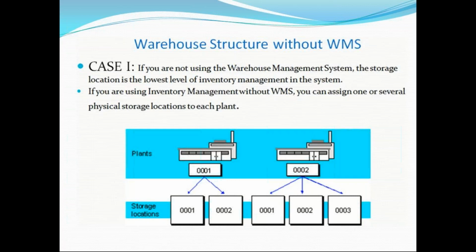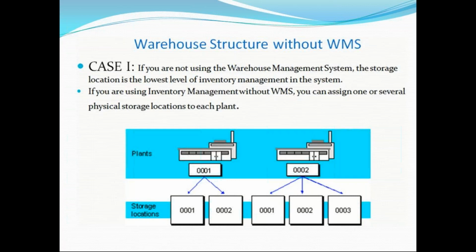Once there is a goods receipt in plant 0002, the material will be moved to the 0001, 0002 or 0003 storage location. That means the 10 drugs will be moved to any of the storage locations. But where we are keeping the material in plant 0002, the system will not have any trace.